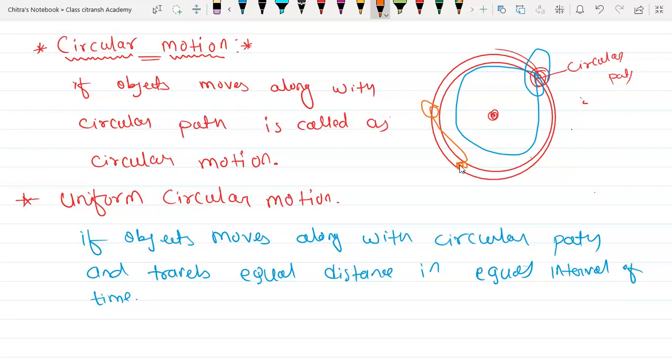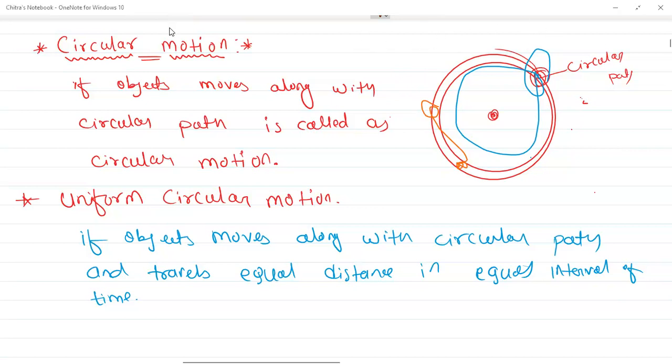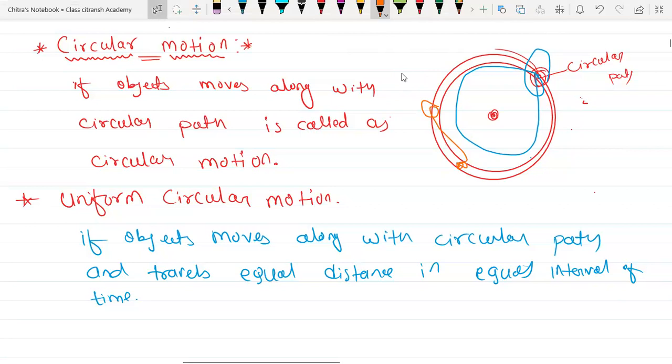Suppose you want to calculate the distance. The distance is the circumference of the circle. The formula is 2 pi r. Let me write it here.